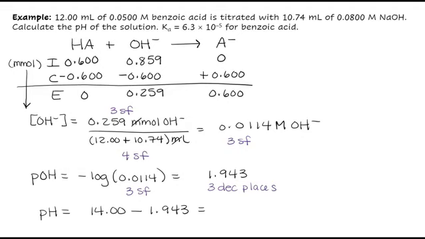Notice here that our 14 only has 2 decimal places. So even though we did have 3 decimal places in our pOH, our final result gets rounded to the fewest number, which will be 2 decimal places. So doing the subtraction, 14.00 minus 1.943, we get a pH of 12.06.